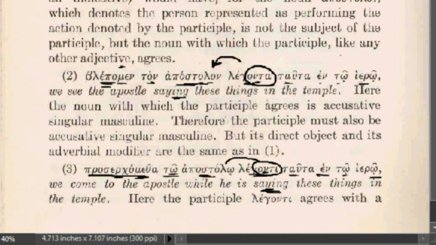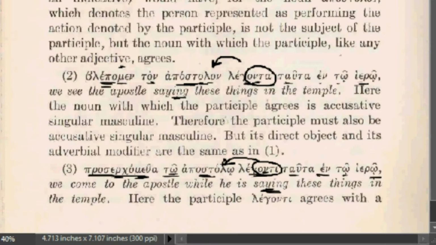And so we come to the apostle while the apostle is saying these things in the temple. There has to be agreement, in other words, between the participle and the word that's being modified. And in this case, we're telling you what particular apostle we're coming to, namely, it's the one who is saying these things in the temple.